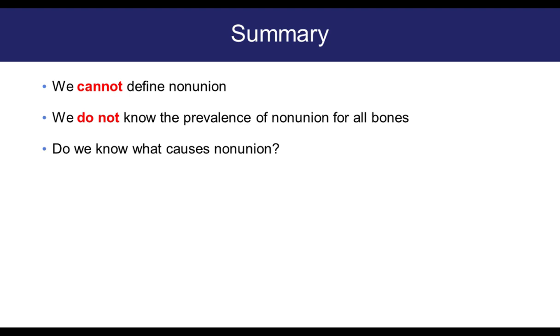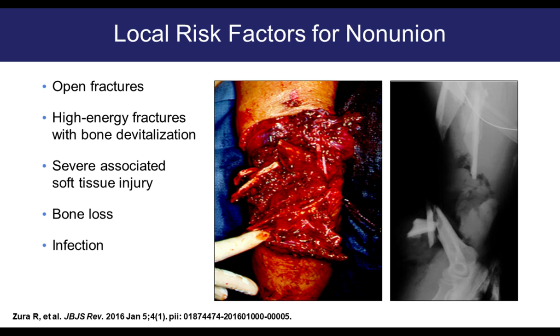I think there are some factors that we know are associated with poorer healing and thereby a higher rate of non-unions. Certainly open fractures, and open fractures are a spectrum. This picture here is a 3B or a 3C or perhaps even a near complete amputation.